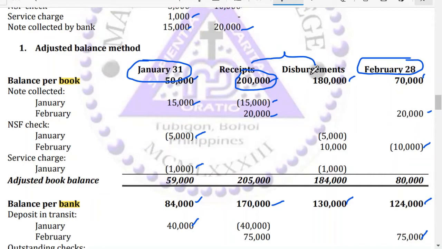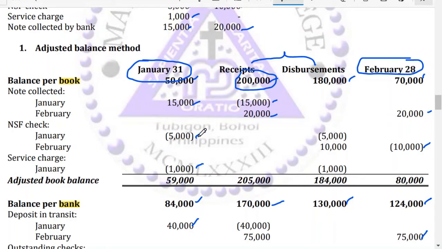So, in effect, ma-appeal ning 5,000 sa mga disbursement pag February. Diba? Ma-appeal siya sa disbursement sa February, which is not really correct. Because, ang disbursement sa January, dapat adto siya sa January. That's why dili siya gibutang sa column nga 5,000.